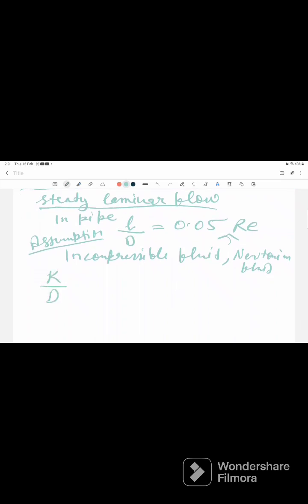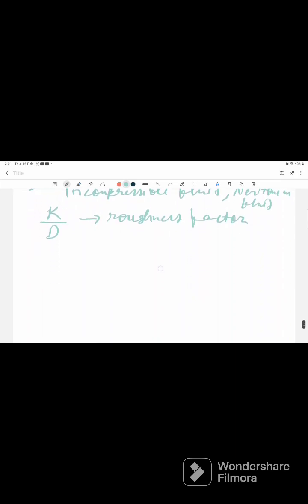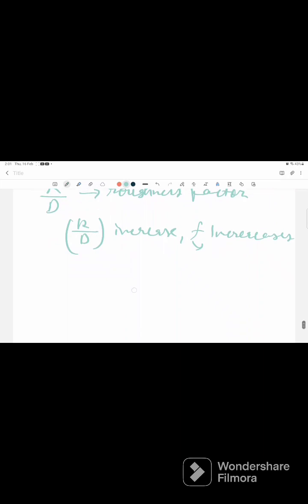K by D is defined as the roughness factor. As K by D increases, F increases, that is, friction factor increases.